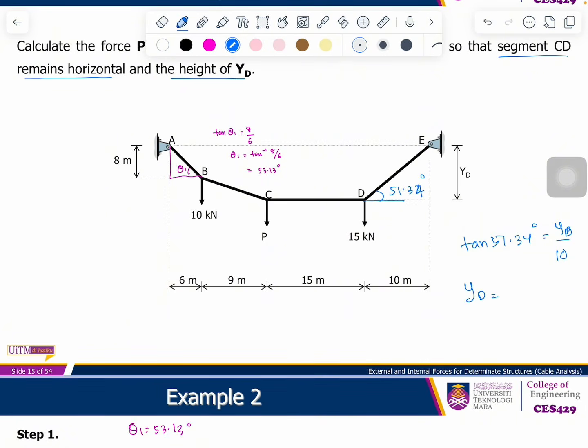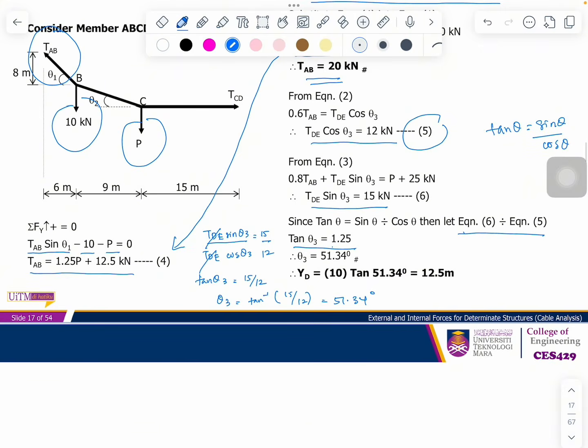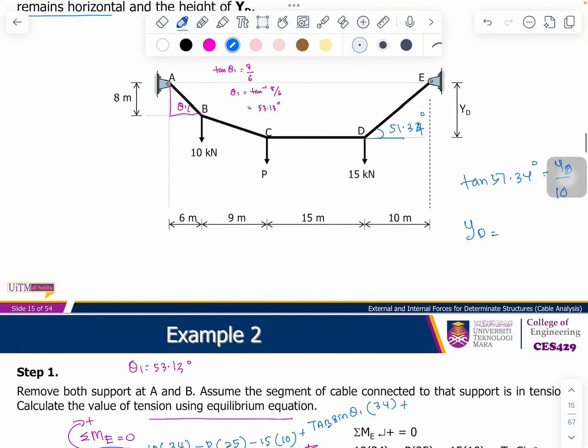So YD equals tangent 51.34 degrees times 10. Finally, you get the value 12.5 meter. This is how you determine the vertical distance from D to E and also the P value. Thank you very much for your attention.